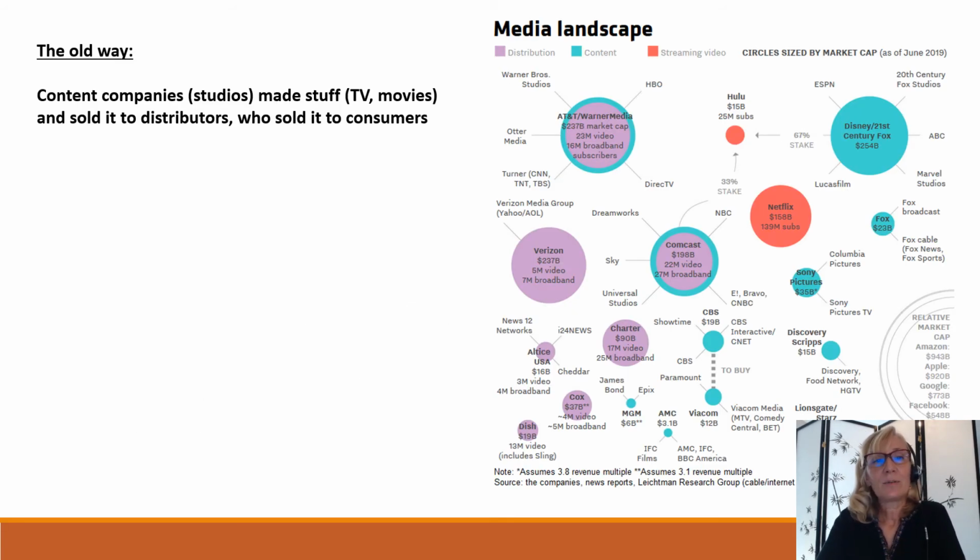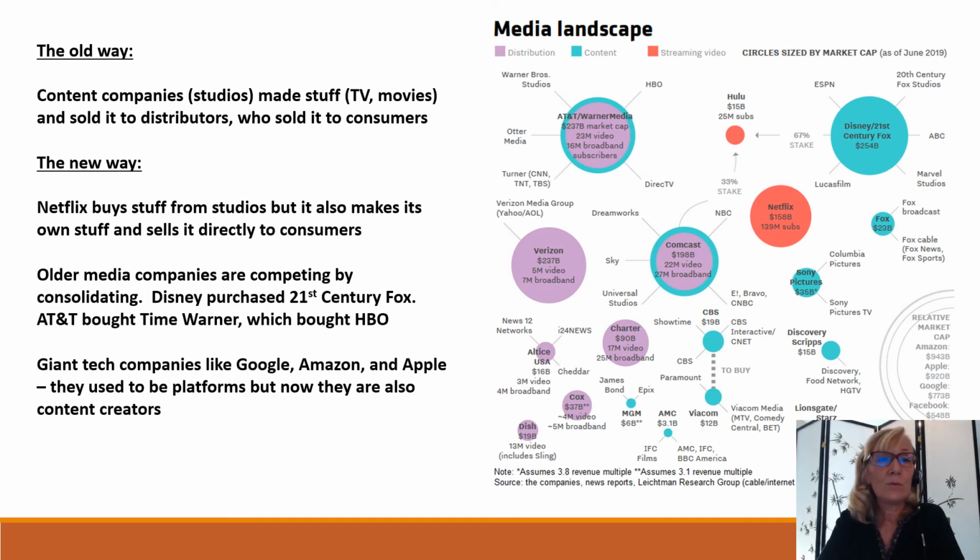In the textbook, they talk about how, in the old way of media production and distribution, there would be separate content companies like studios that made stuff like TV shows and movies, and then they would sell that content to distributors like HBO or Netflix, who then sold it to consumers.